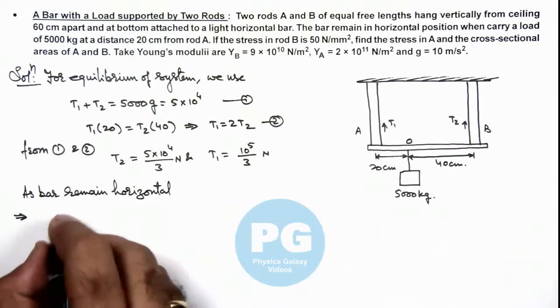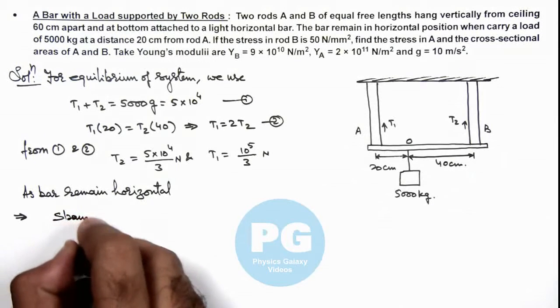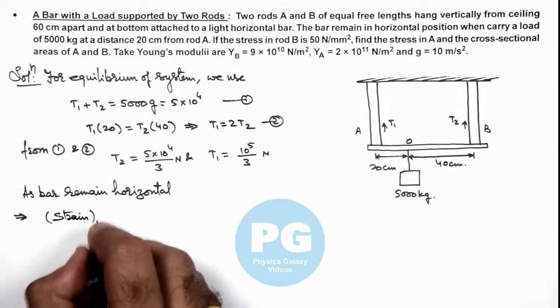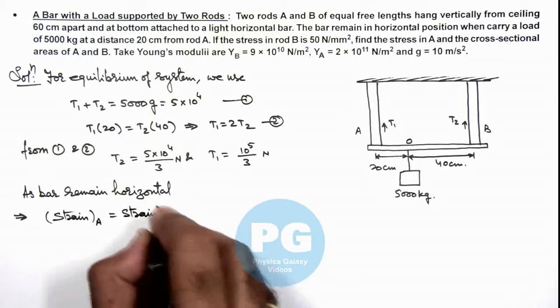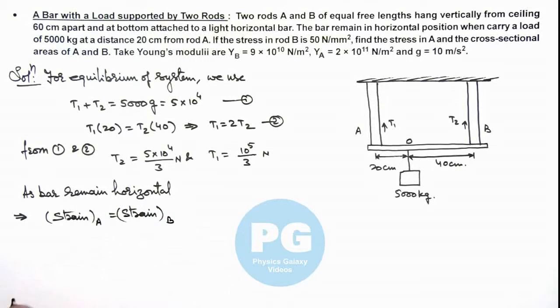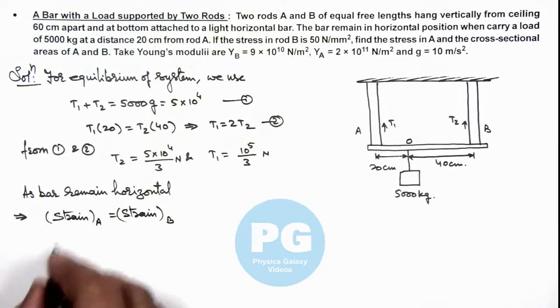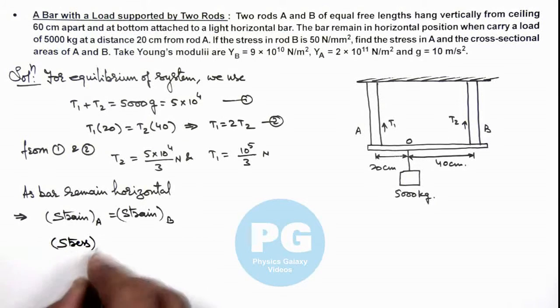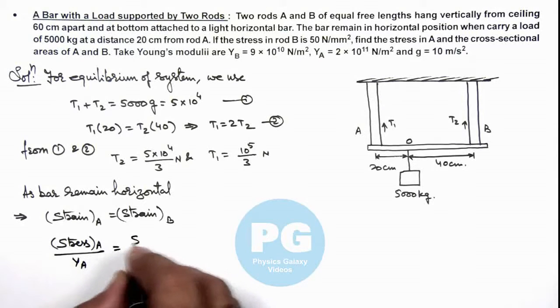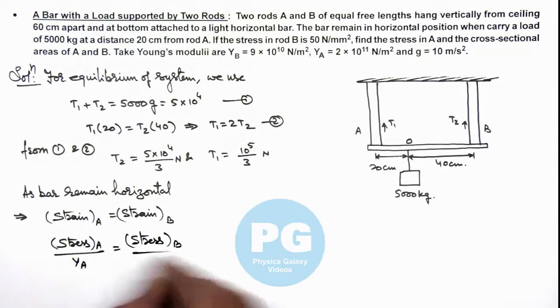So we can write here the strain in rod A must be equal to the strain in rod B. Strain we can write as stress by Young modulus. So this gives stress in rod A divided by Young modulus of A should be equal to stress in rod B divided by Young modulus of B.